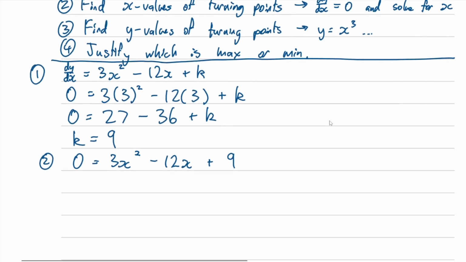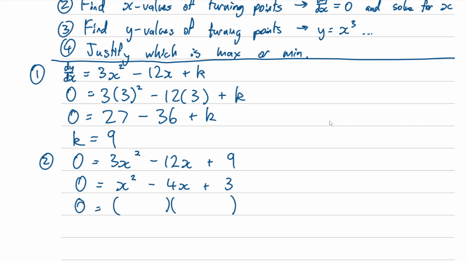I see that 3 is a common factor in every term, so I will divide everything by 3. And then on the right hand side, it looks like we have some nice numbers, so we can factorize. So two numbers that multiply to positive 3 and add to negative 4. So x minus 3 and x minus 1.